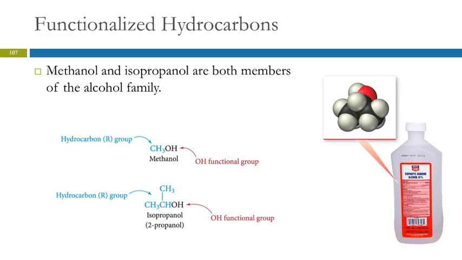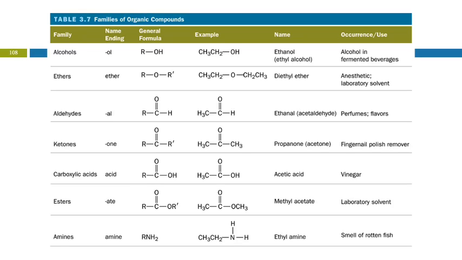Ethanol is another one. Guess how many carbons ethanol has? 2. See, this is methanol, 1 carbon. Ethanol has 2 carbons. So these are families of organic compounds.